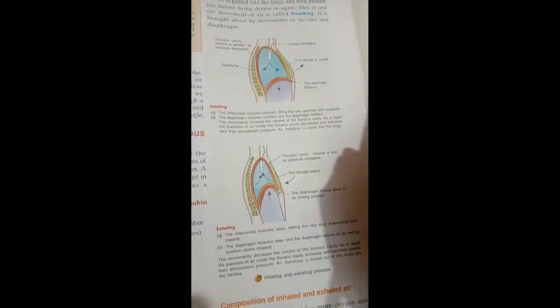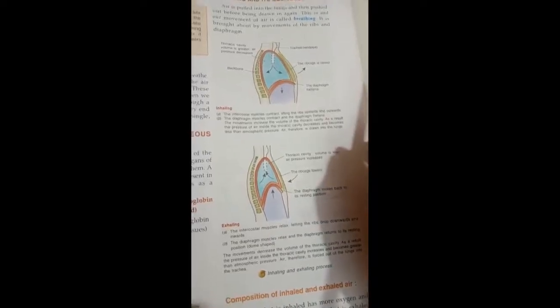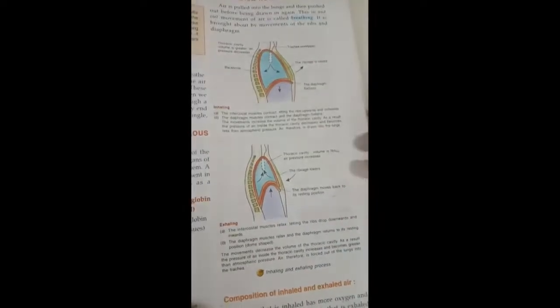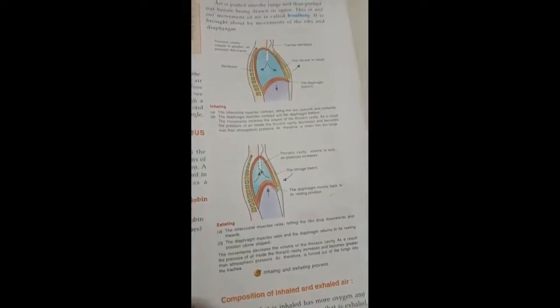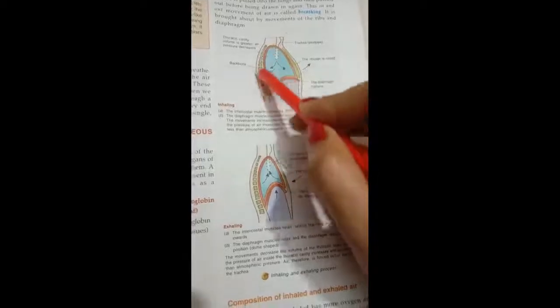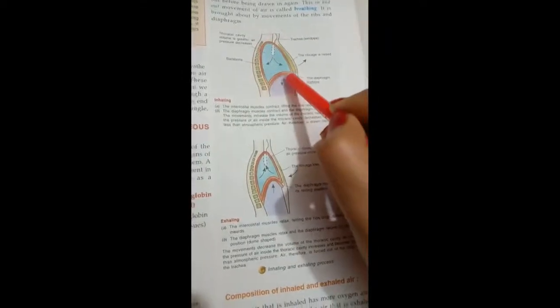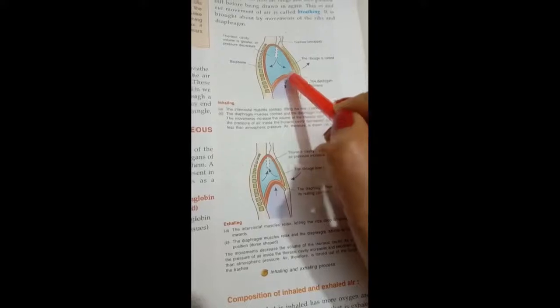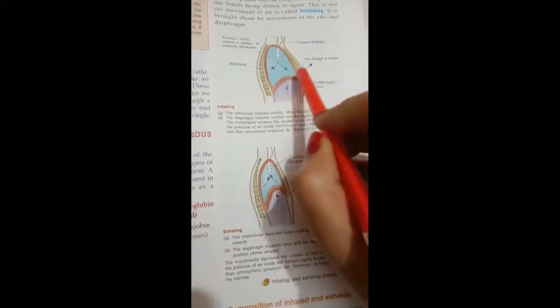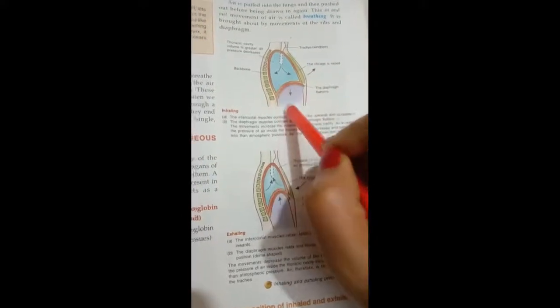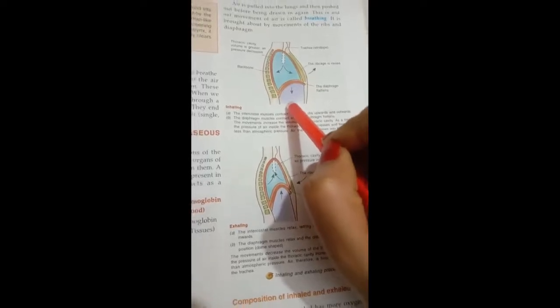Now if that happens, the volume of the thoracic cavity obviously will increase, and as a result, if the volume of any place is increased, the pressure will be less. So when in the thoracic cavity the pressure is less, obviously to neutralize that pressure, the air from the outside will come inside. So students, what happens here? First the rib cage will move up, and the diaphragm will become flattened.